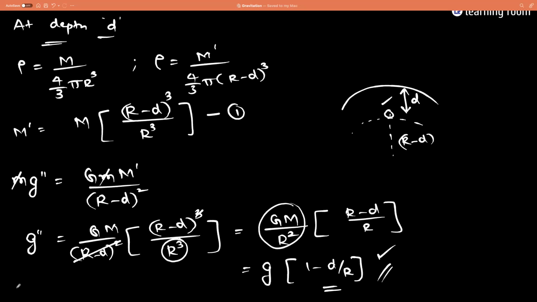Next. There is another concept called Kepler's law, but Kepler's law is deleted, so not needed. I'm not teaching that part.